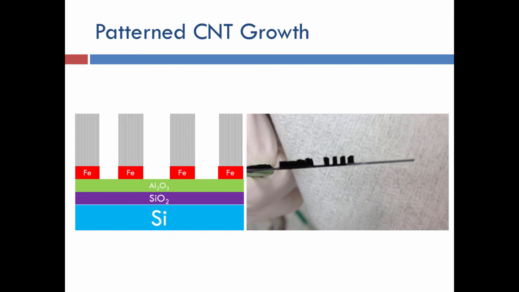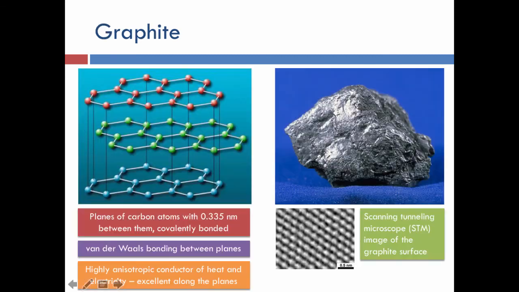That single layer is not the only way to do it. Of course, the growth can be patterned so that it only grows in certain portions of a substrate. And so this is a kind of easy, macro scale example of a little bit of iron that's been placed on the substrate, and then these carbon nanotubes grow like a forest on top of just those regions.